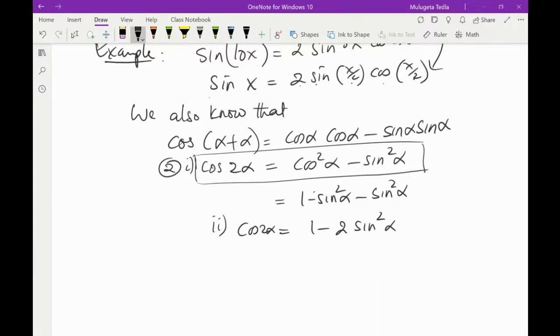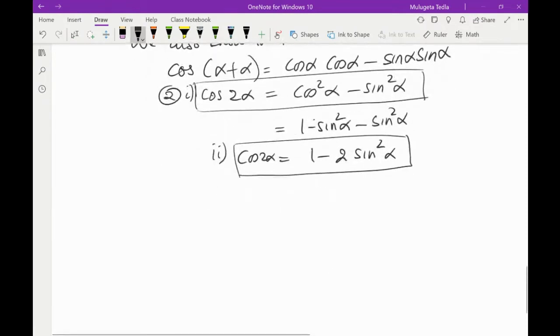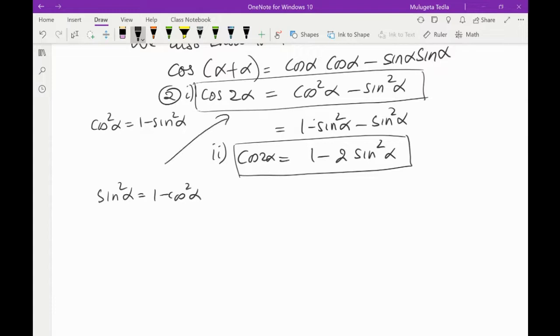Second formula for cosine. Cosine of 2 alpha has 3 formats. When cosine squared alpha is 1 minus sine squared of alpha, you can also change sine squared of alpha as 1 minus cos squared alpha in the original function here.